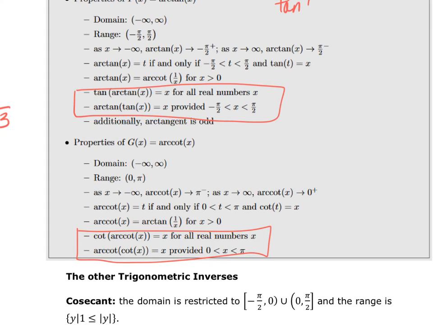You don't have to do any work. But if it is the other way, that's the one in which you have to do the work. You have to land in the right quadrants, or you'll never get the right answer. If your inner function is not the arc of that trig function, you have to pay attention to where you're standing, and to where this thing is defined.